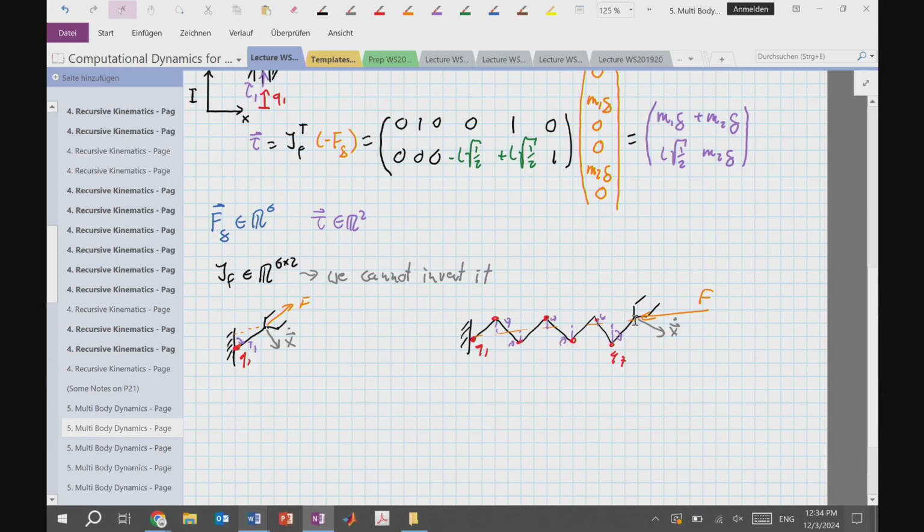I'm screwed, yeah? Maybe I can balance the forces to keep that point here stationary, but all the other torques are going to create an internal motion, right? So when I basically say balance the forces, I apply force from the outside to make sure that the robot is not moving.